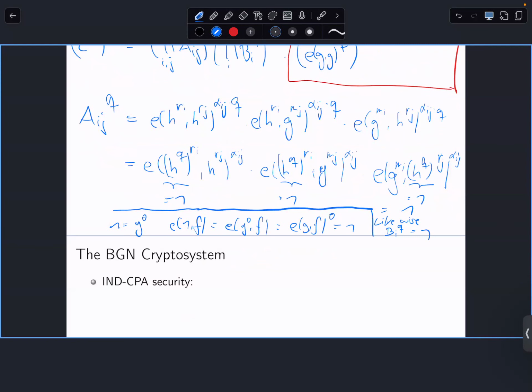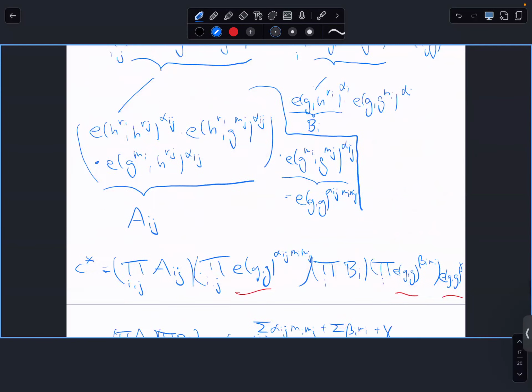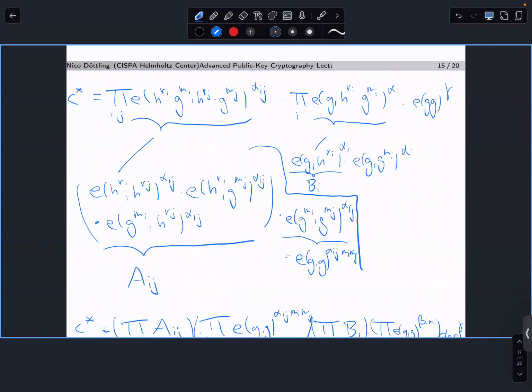Because there you have E of G, comma H, exponentiated with Q, and you have a pairing of G and H to the Q to the R_i, and the right hand side will be 1.